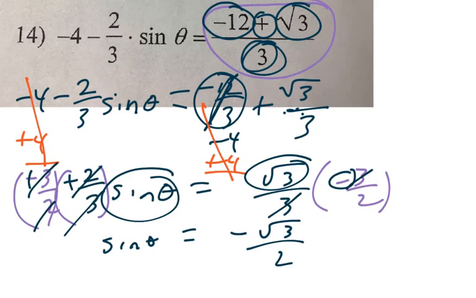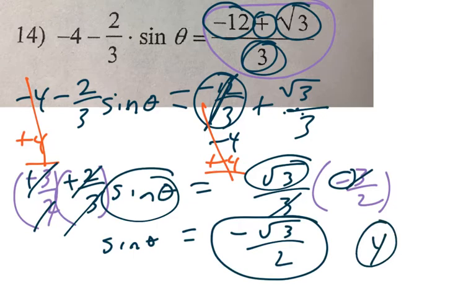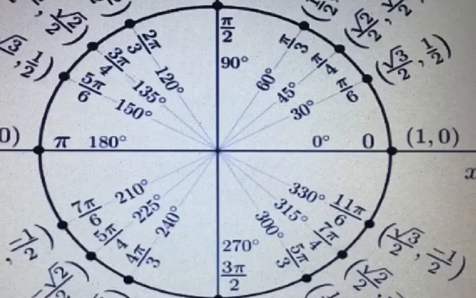Now what? Well, you have a unit circle that's completed, right? And let's just use that. If the sine of theta is negative square root 3 over 2, first of all, sine, remember, is your y coordinate, so we could read this directly off the table. Let's go to the table here, and I'm going to just scroll this around a little bit.